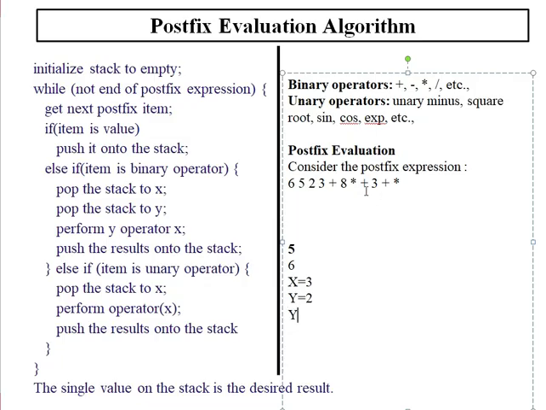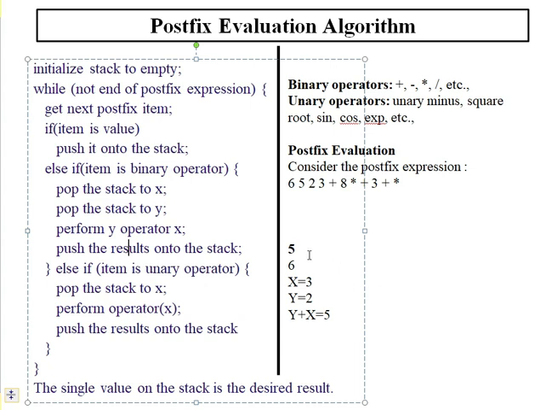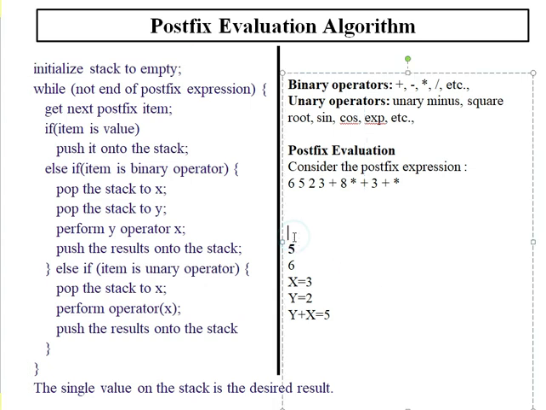The operator is plus. So y plus x is equal to 2 plus 3, which is 5. So we should again push the result on the stack. So the result is pushed, which is 5. Now the top is 5, the new 5.